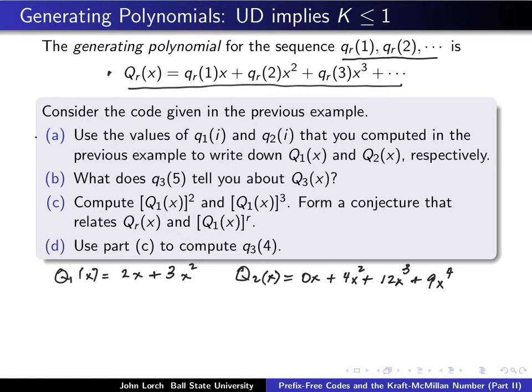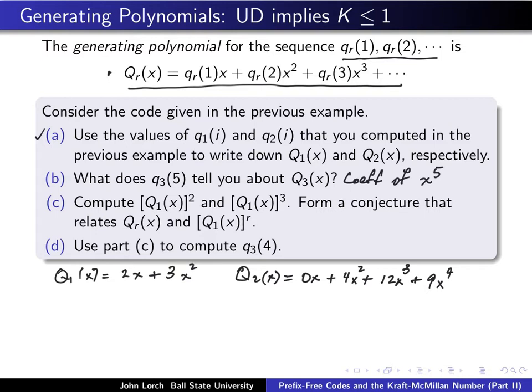Okay, so that deals with part A. Now for part B, we computed little q sub 3 of 5 on the previous slide. What does that number tell us about capital Q sub 3? Well, little q sub 3 of 5 should be the coefficient of x to the 5th inside this polynomial, capital Q sub 3.